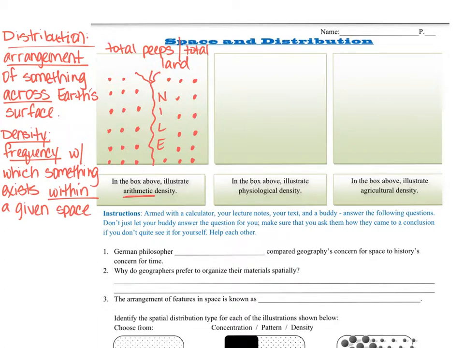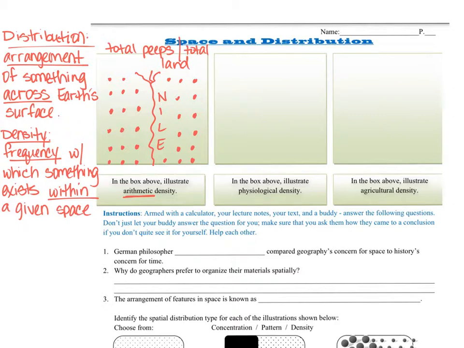Now, when you read in chapter 3, it gave you that little table that talks about all the densities. It says for just your arithmetic density, the number for Egypt was 226 people per square mile.